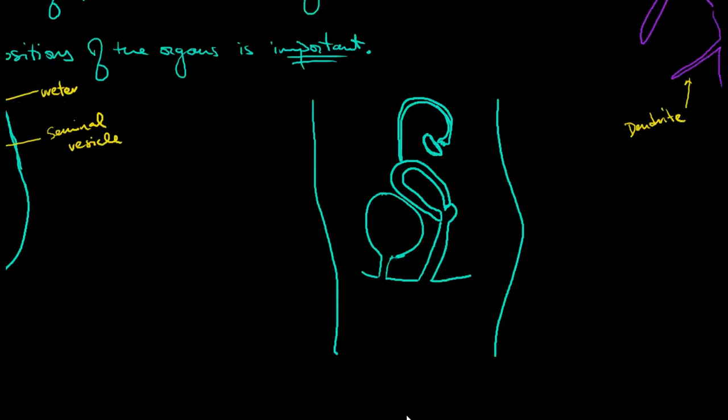And then here's the female. So let's start over here on the left. This is the bladder. Know that there would be a tube coming into the bladder. And so this here is the urethra. So it's a different system than over here, the reproductive system. So this here is the ovary.